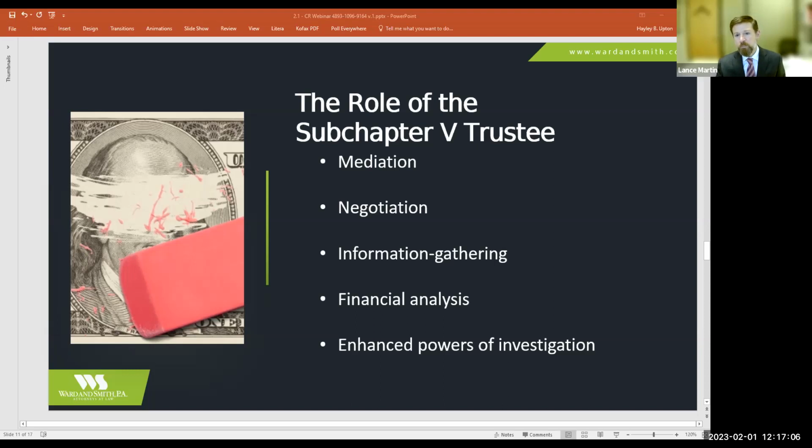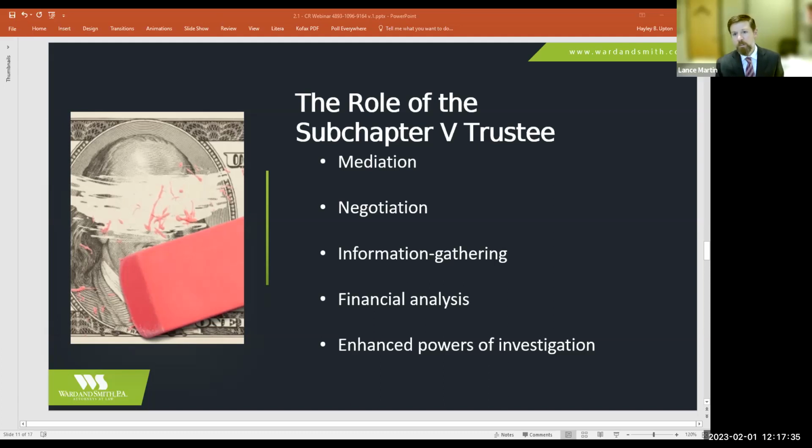And then one practice pointer we would give to you is that remember, when you get to confirmation or the status conference before confirmation, the judge is going to turn to the trustee and ask him to report on what's going on in the case and what he or she is hearing from the other creditors in the case. So you want to cooperate with the trustee.